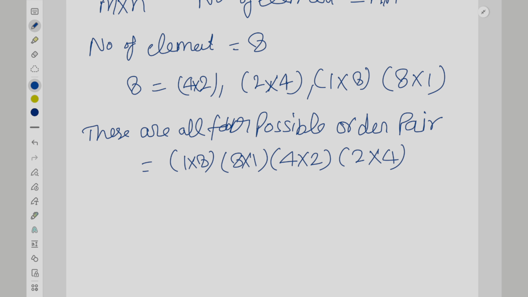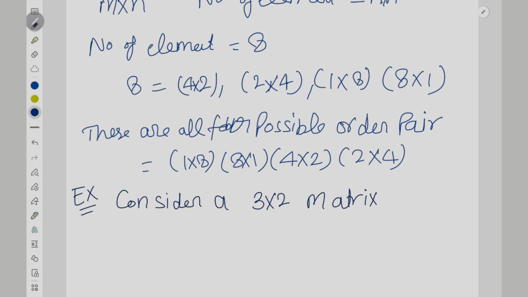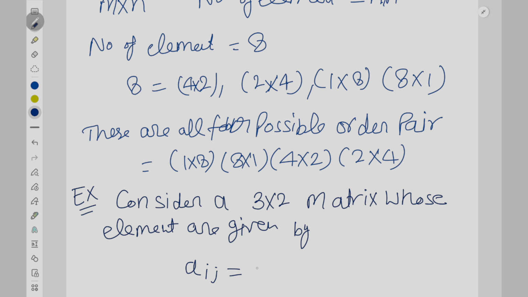And the next example is the last example in this class. Consider a 3 cross 2 matrix whose elements are given by Aij is equal to half of the modulus of i minus 3j.